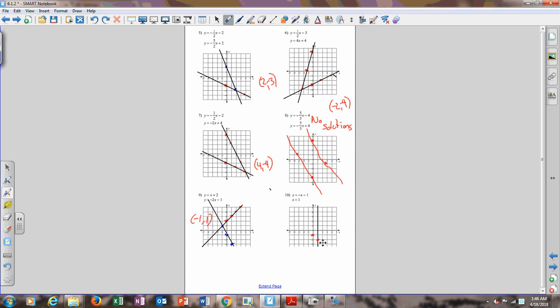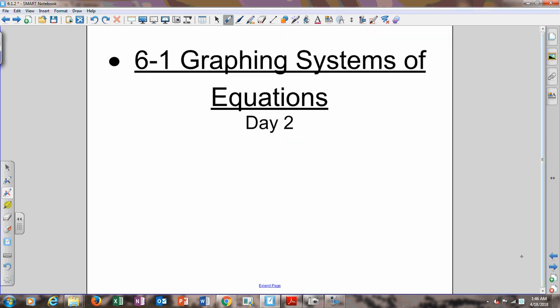You can see where they're going to cross at. So that crosses at (1, -2). All right. 6.1 Graphing Systems of Equations, Day 2.